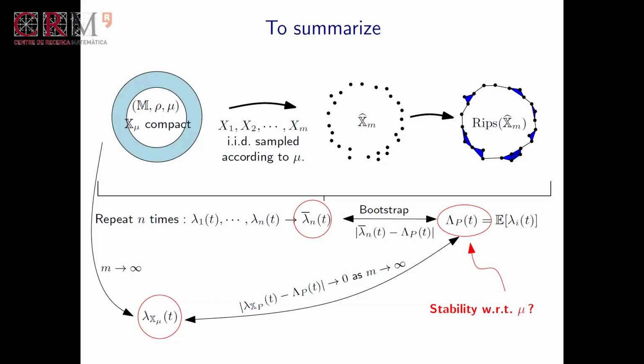And it's not difficult to see what happens if I take this limit. This is done when M is fixed. If I take M going to infinity, I will go back here and converge here. That's easy to check. But there is one remaining interesting question, related to something we said yesterday. If you are sampling according to mu, but sometimes you get an outlier, but not too often, it's like sampling according to another measure, which is a little bit different from mu.